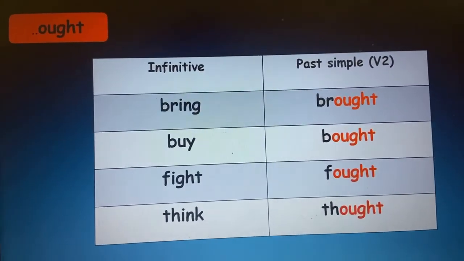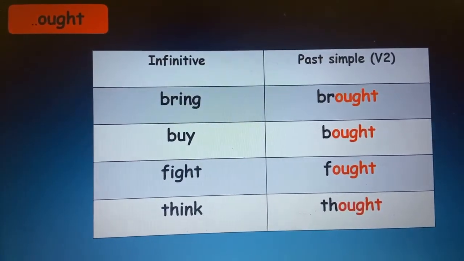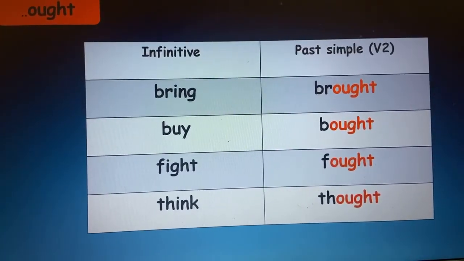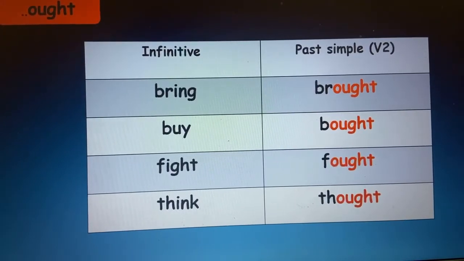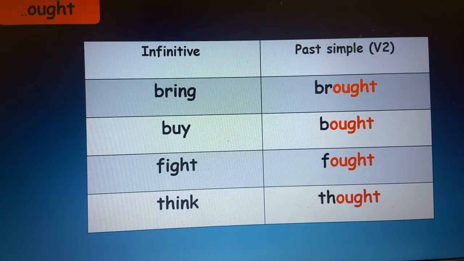Some verbs we add OUGHT. For example, bring becomes brought. We don't pronounce the G and the H. So bring, brought. Buy, bought. Fight, fought. Think, thought. We have plenty of verbs, but I have chosen these verbs.